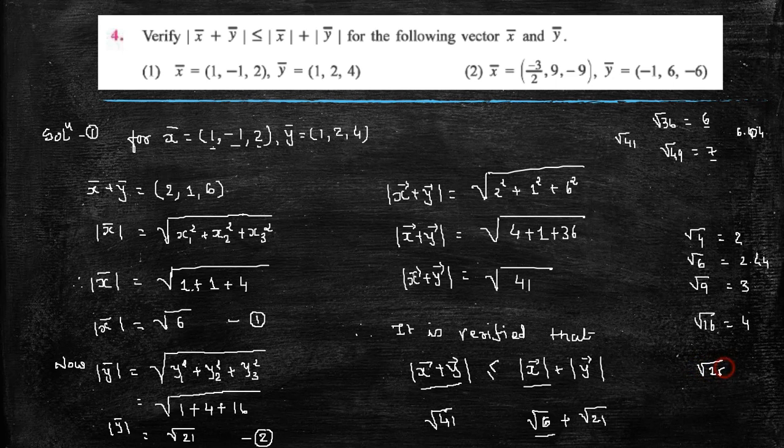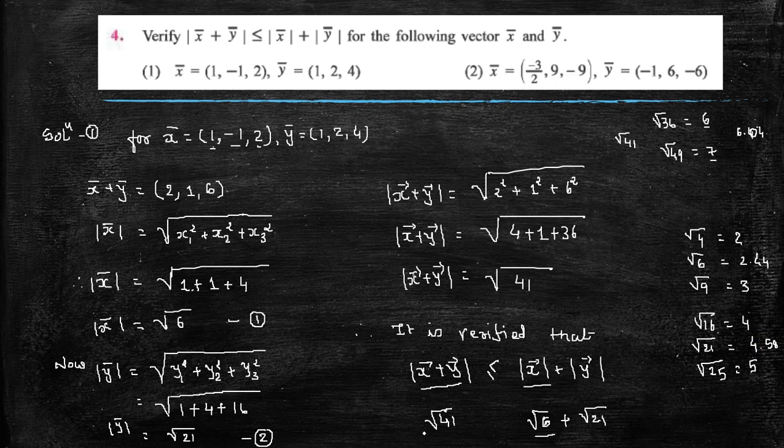Now root 25 is equal to 5. So root 21 is in between 4 and 5. Can anyone tell me the value of root 21? 4.58.